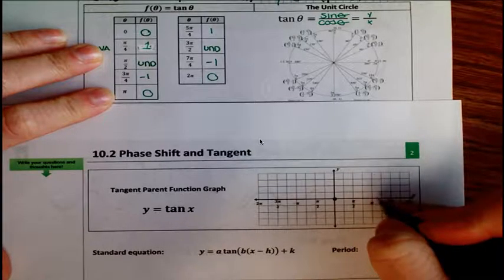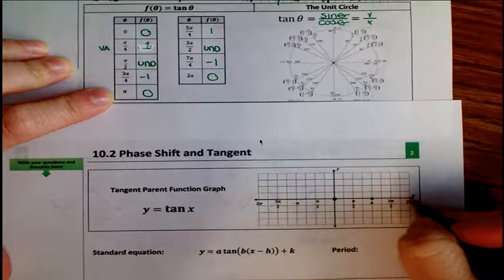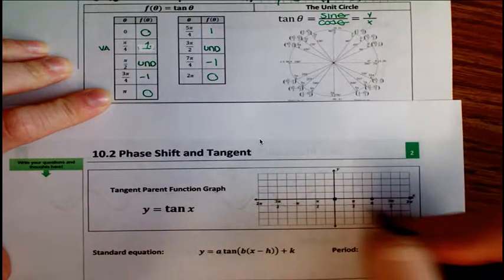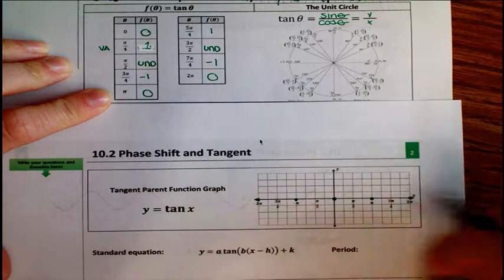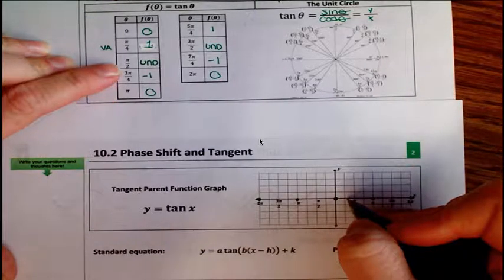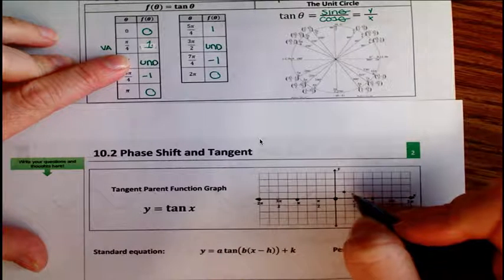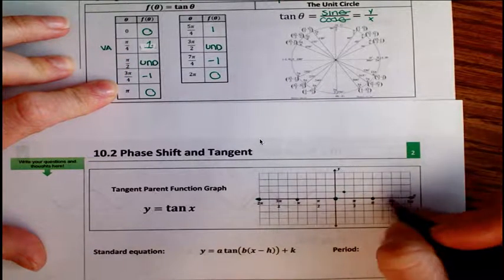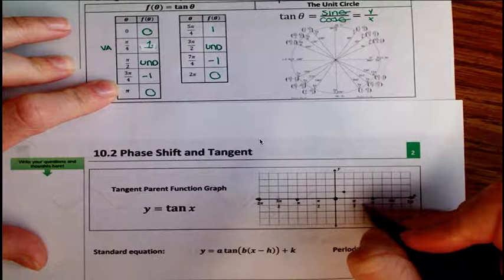At pi, it's also 0. And at 2 pi, it's 0. And we can go ahead and reflect these values back over here. So at -pi, it would be 0. At pi over 4, it'll be 1, which is right here. At 3 pi over 4, where's that at? Right here, it's -1.